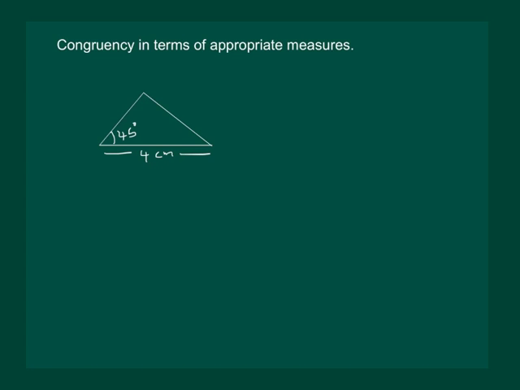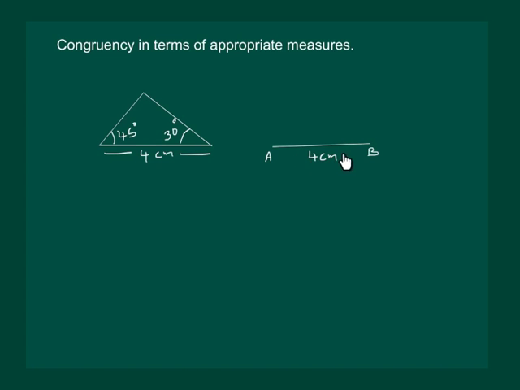If I give you one of the angles on this line, still it won't be possible for you to draw a unique triangle, or the triangle that is congruent to the given triangle. But if I give you the measure of another angle on the same base, then of course you can draw a triangle which is congruent to this triangle.